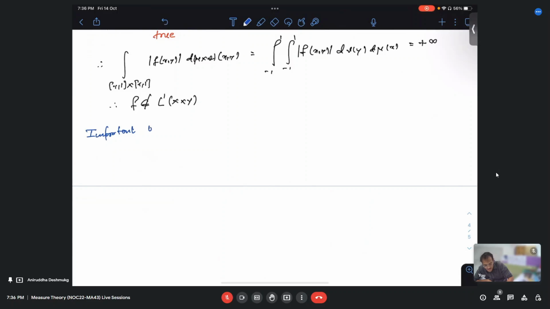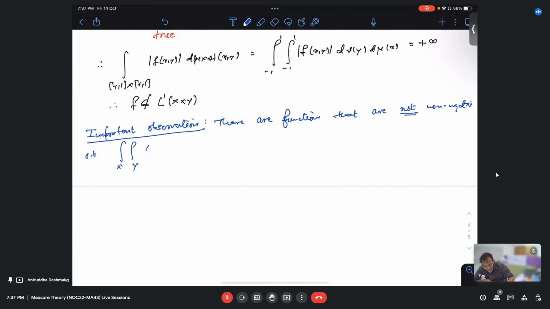An important observation: there are functions that are not non-negative, such that the integral over x, integral over y, f of xy d mu x d mu y, is equal to the integral over y, integral over x, f of xy d mu y d mu x, but f is not in L1(x cross y).